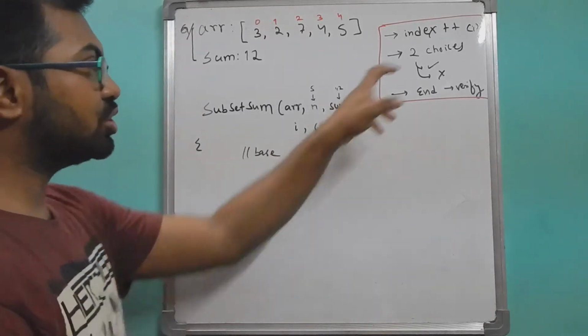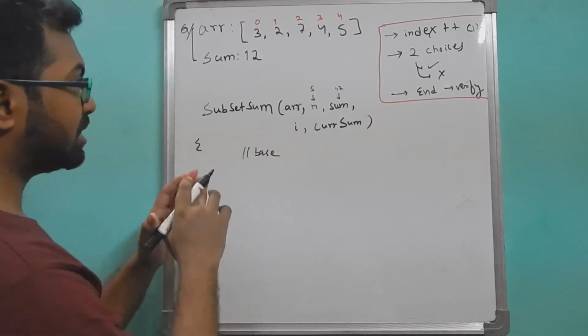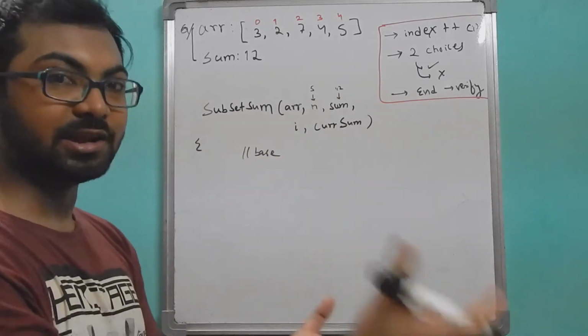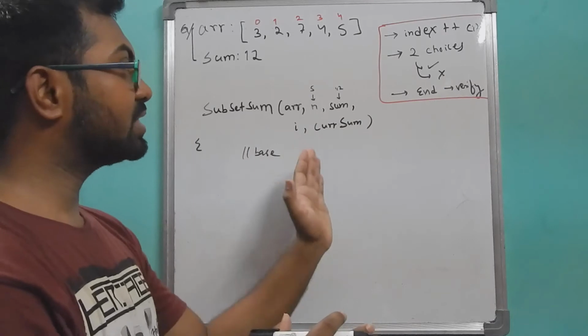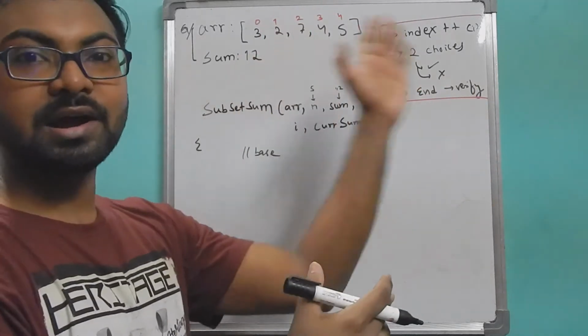Now, we have index incrementation and two choices at every step. So we are calling the same function again and again. That means we'll be calling this subset sum at every step with different elements, which will be the element at a new index.